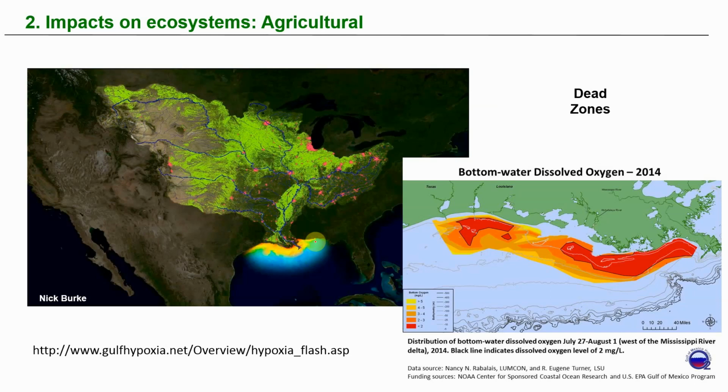And what it's doing is increasing algal blooms. Those algal blooms are reducing the amount of oxygen and creating what we call bottom water dissolved oxygen dead zones. So in this image here, we have oxygen concentrations in the water in the Gulf of Mexico. Yellow is high, red is very, very low.